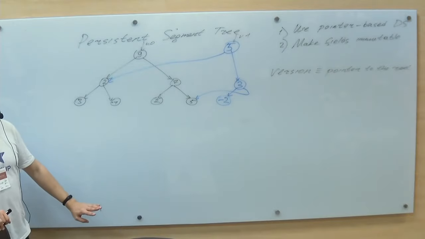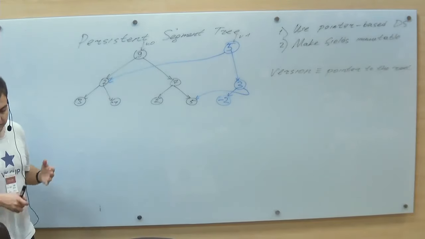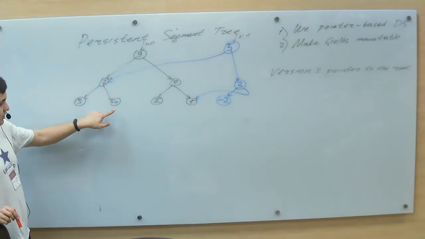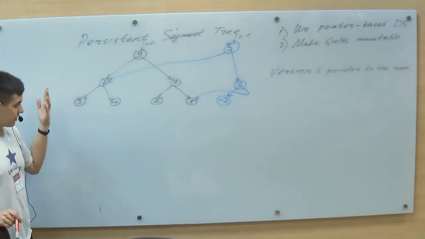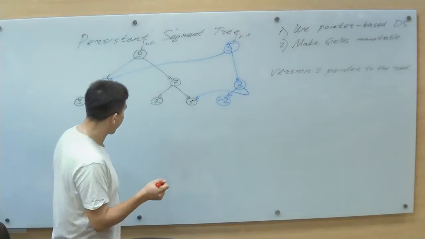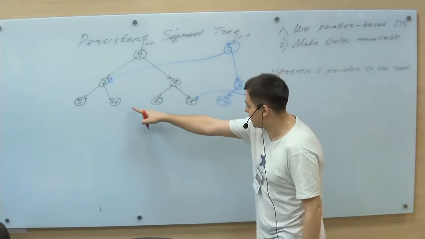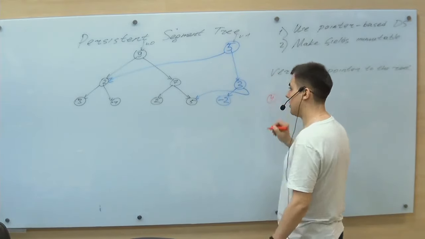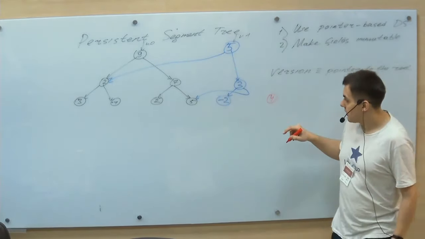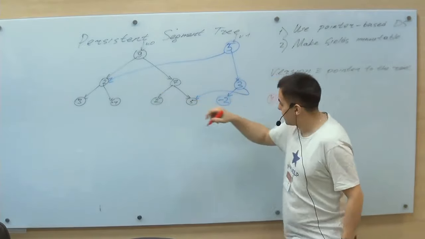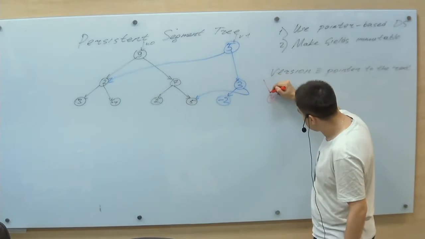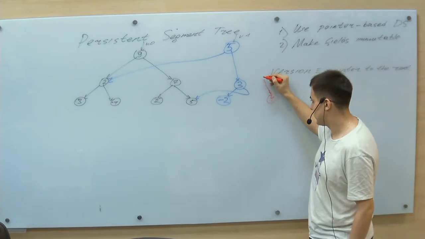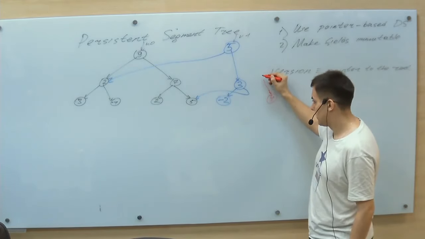So let's change some more. If we change the element -1 to 4, for example, this element gets changed. So it's 4. Now we have to copy this vertex. So this is now 7.